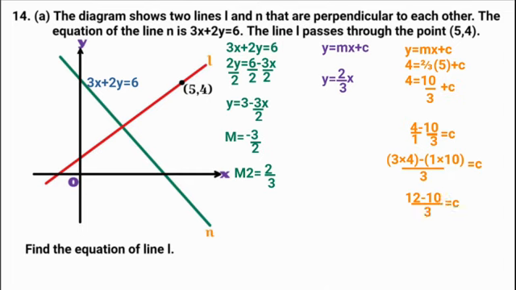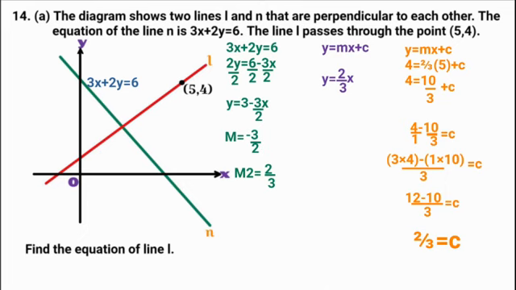Once I've done that, I'm going to evaluate 12 minus 10, which will give us 2, which will be 2 over 3. Then which will be equal to c. So the value of c is 2 over 3.